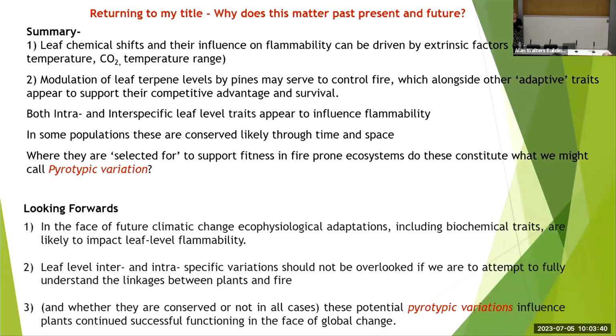So looking forwards, this is going to matter because in the face of future climate change, ecophysiological adaptations, including biochemical traits, are likely to impact leaf level flammability, which you know is changing the chemistry of what the leaves are built of. And this also means that leaf level inter and intraspecific variation should not be overlooked if we're trying to understand the balance of what's influencing plants and fire.